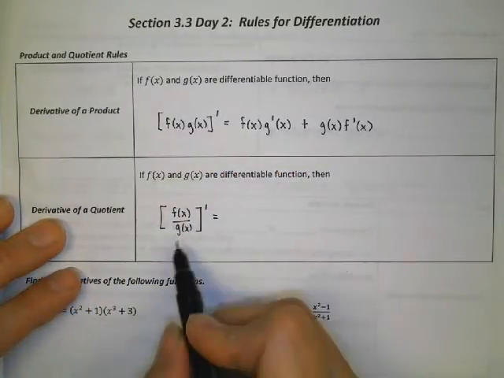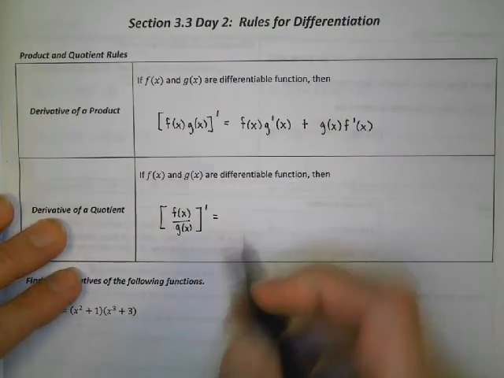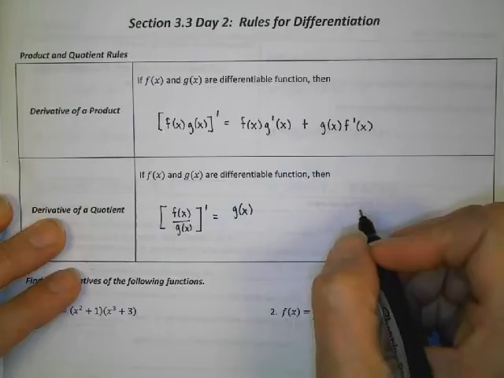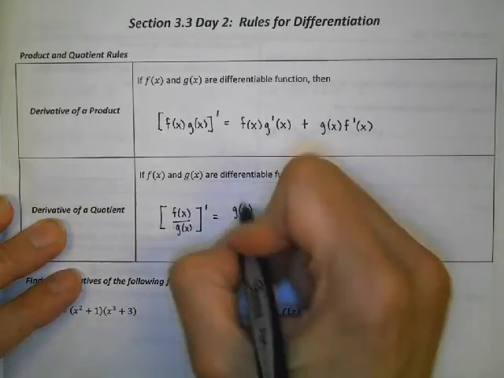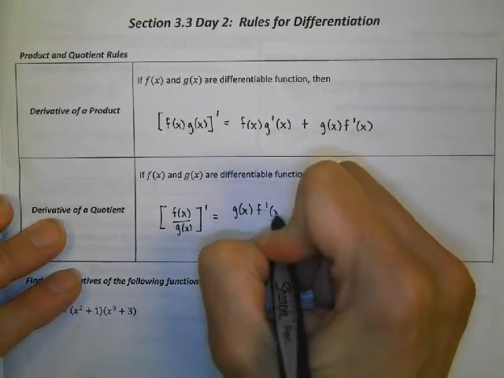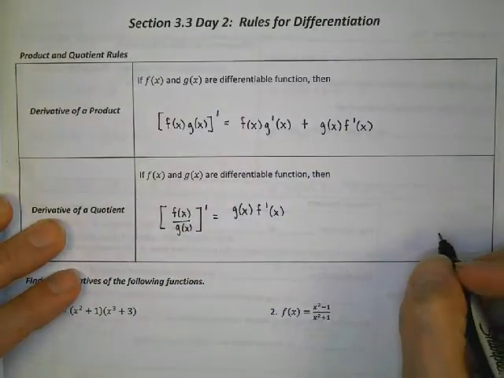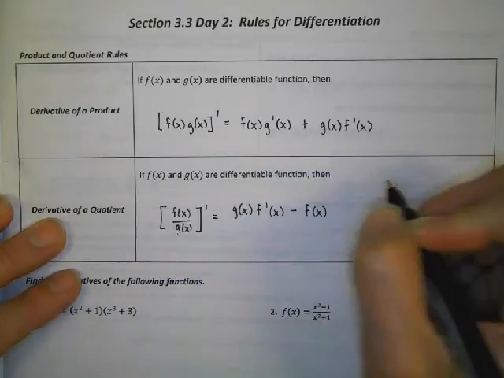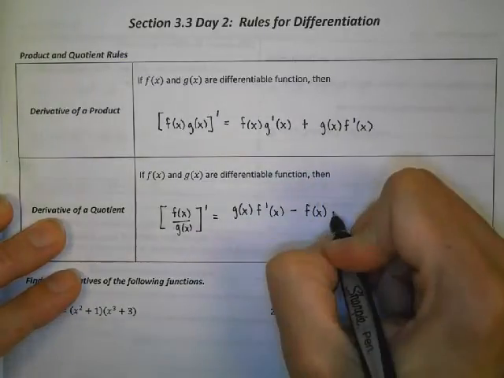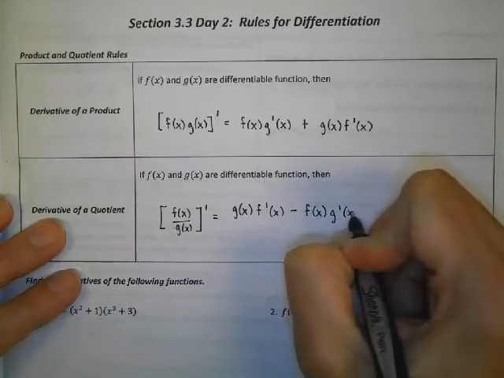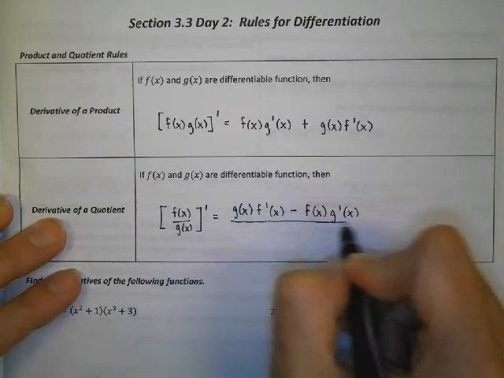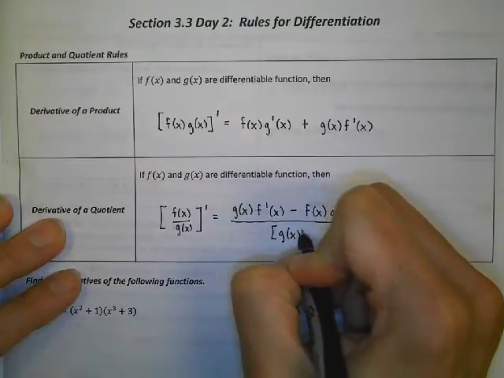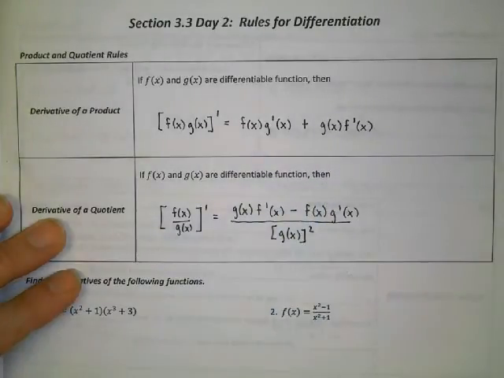Here, we take our function in the denominator, g of x, and multiply that by the derivative of our numerator, f prime of x, minus the function in my numerator times the derivative of the function in the denominator, all over the function in my denominator squared.